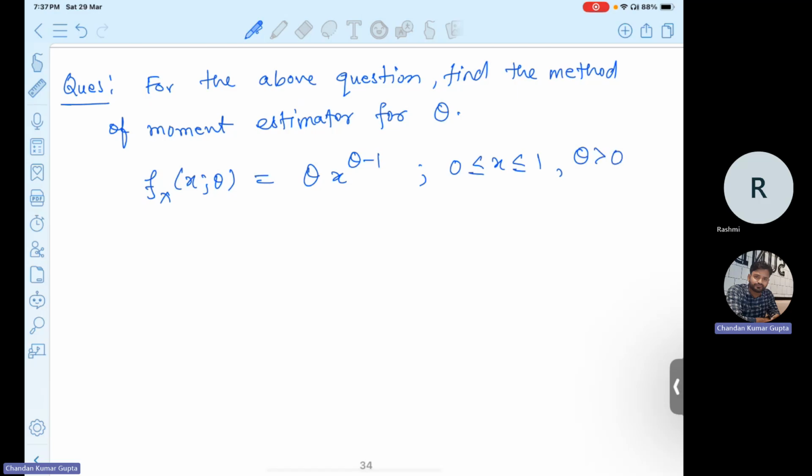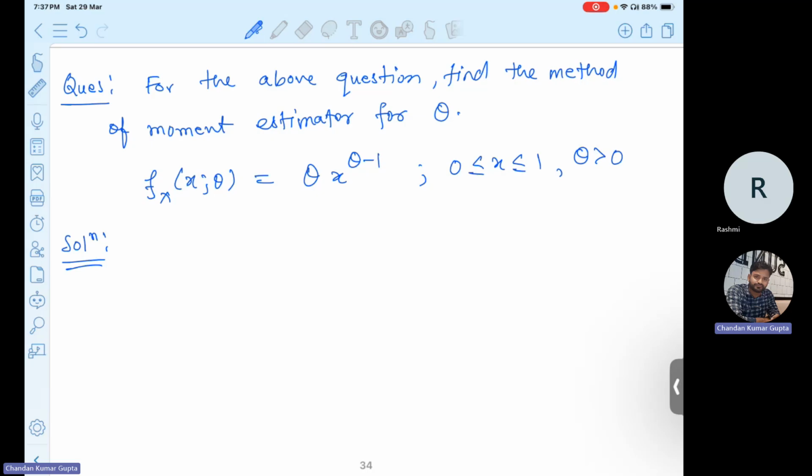For the likelihood, we constructed the likelihood function, then the log likelihood function, then differentiated it with respect to the parameter, equated it to 0 and solved for theta. That gave the maximum likelihood estimate. But for the moment estimator, we need the population moment and the sample moment.